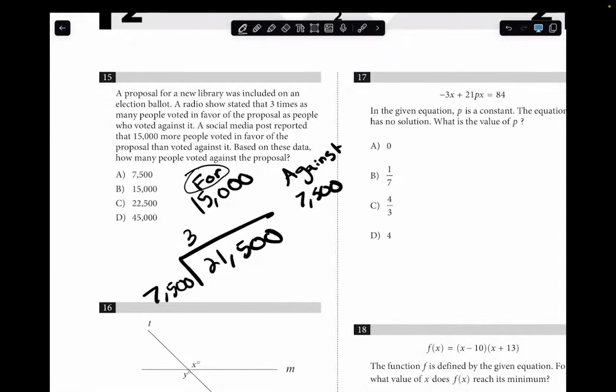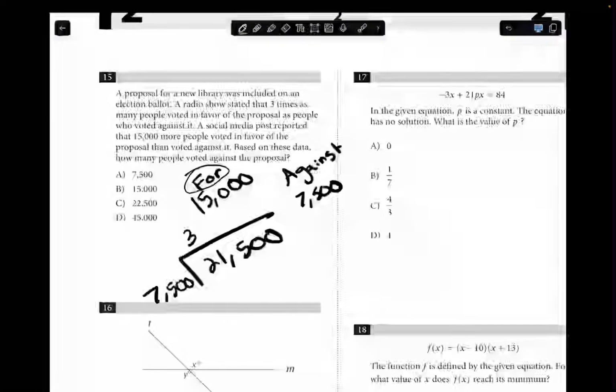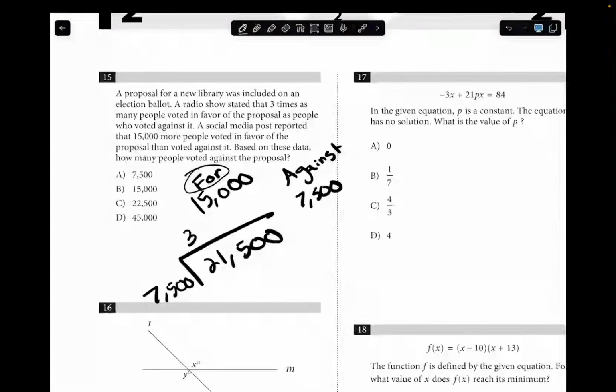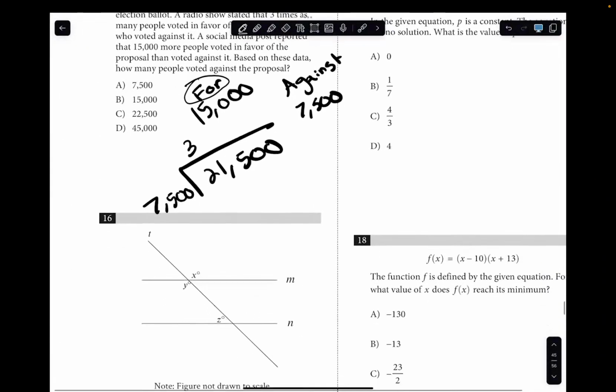I got sucked into thinking that, so yeah, your equation should be y is equal to 3x, and then y is equal to 15,000 plus x, which is equal to each other. Yeah, you're right. That's right.